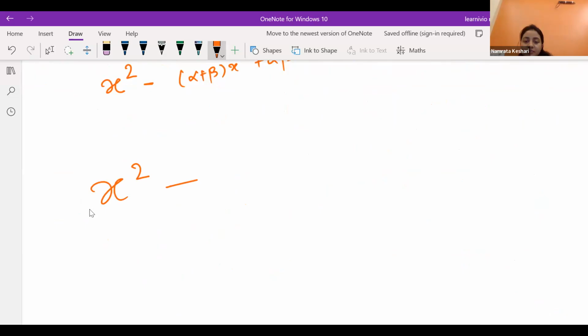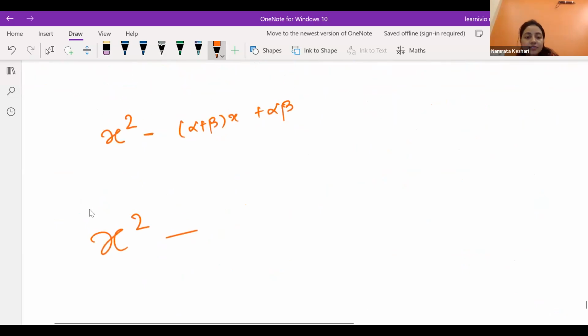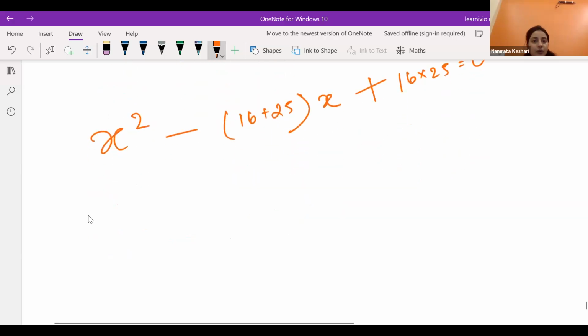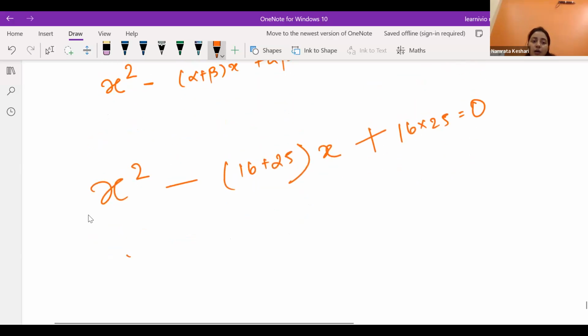Yes, ma'am. Okay, then sum of 16 plus 25 x, plus product of 16 and 25 is equals to 0. This way you ended up creating a quadratic equation. Clear?